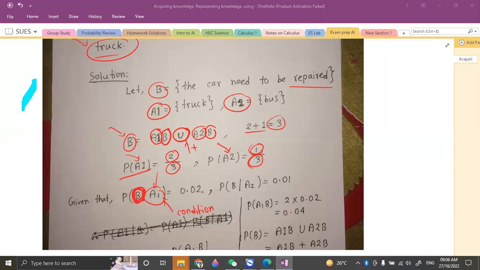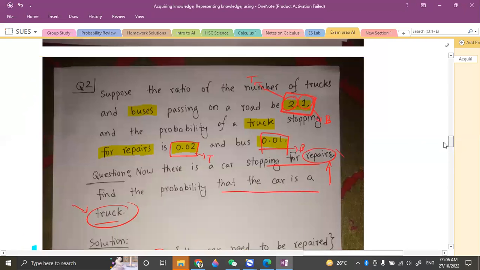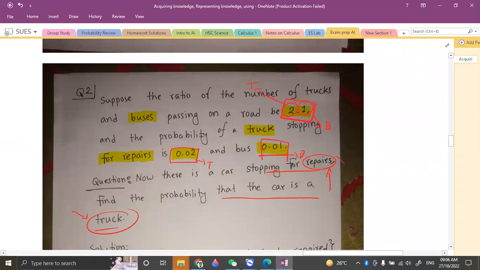So how do we find this one, 0.02? It's already given. You see here the probability of a truck stopping for repair is 0.02. So it needs repair, and then it is a truck. So it is already given here. You need to write down the notation.